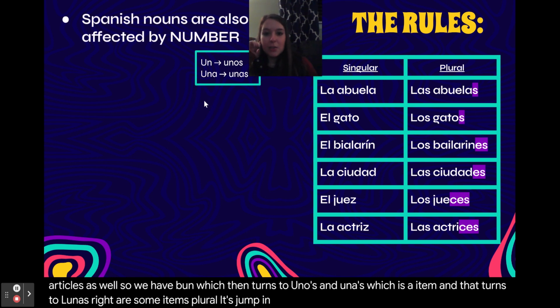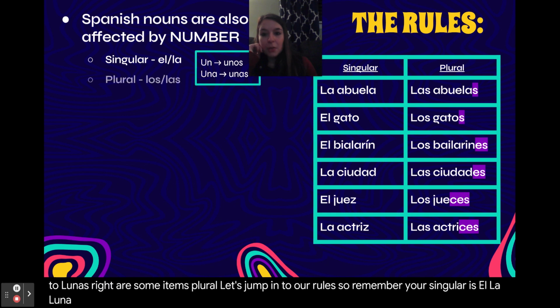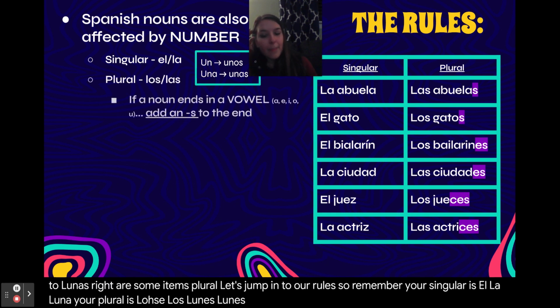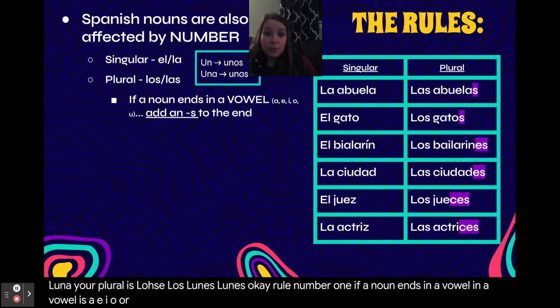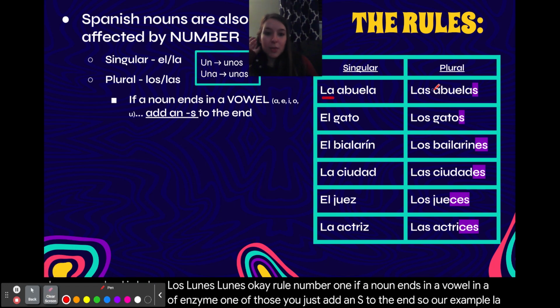So let's jump in to our rules. Remember, your singular is el, la, un, una. Your plural is los, las, unos, unas. Okay, rule number 1: if a noun ends in a vowel, and a vowel is A, E, I, O, or U, so if it ends in one of those, you just add an S to the end. So our example, la abuela.